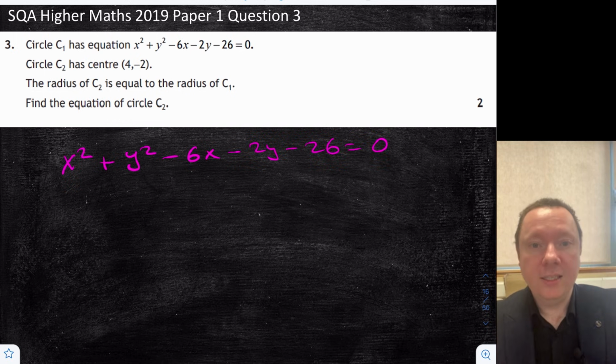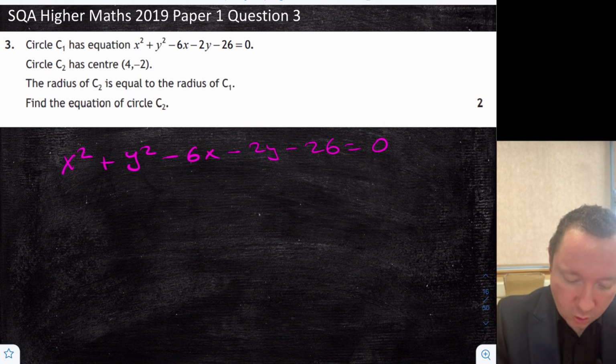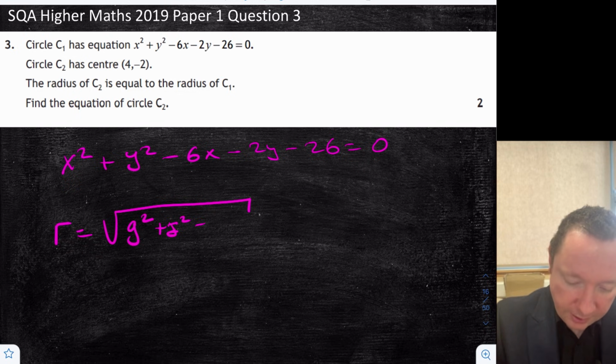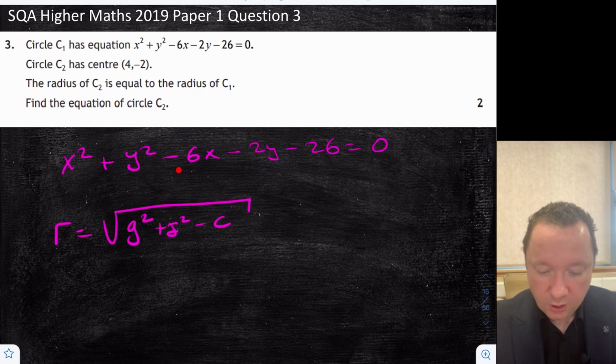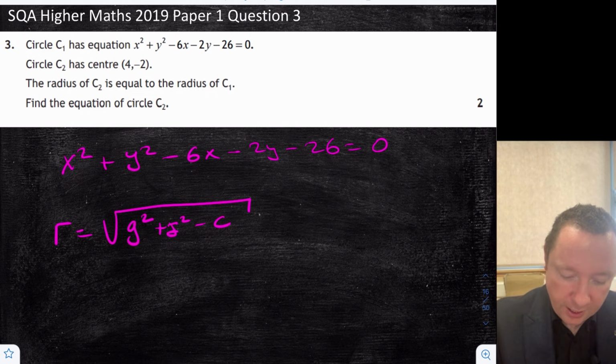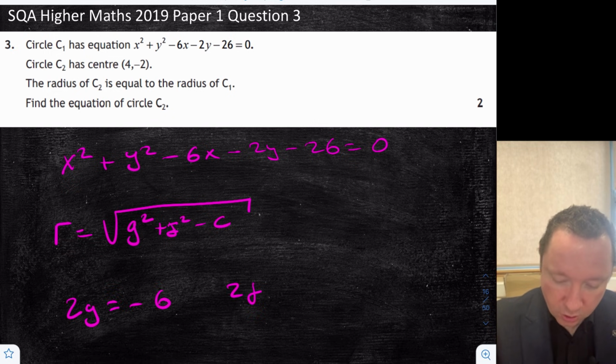Just remember, you're given at the start of the exam paper the radius. The radius is quoted as equaling the square root of g squared plus f squared minus c. And your g and your f, well, this is called 2g and 2f. So 2g is minus 6 and 2f is minus 2. So my g is minus 3 and my f is minus 1.